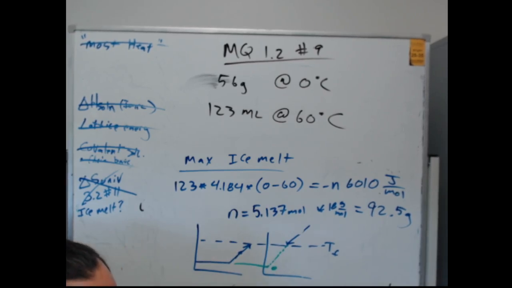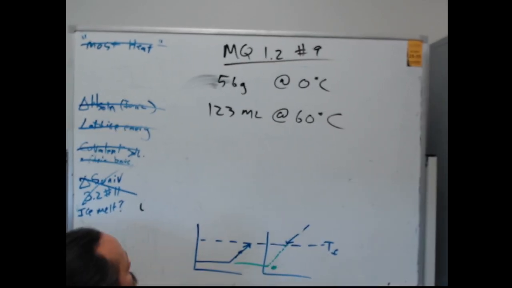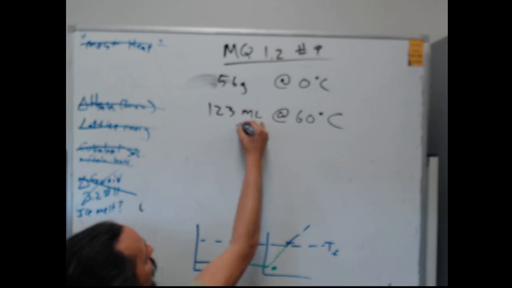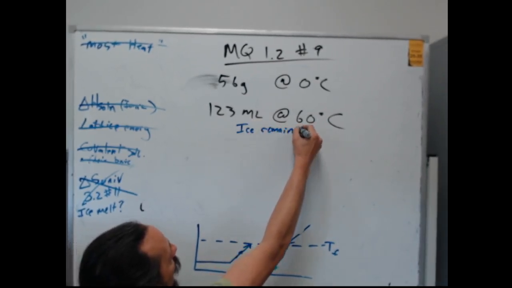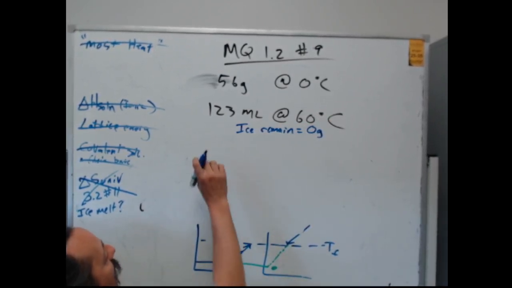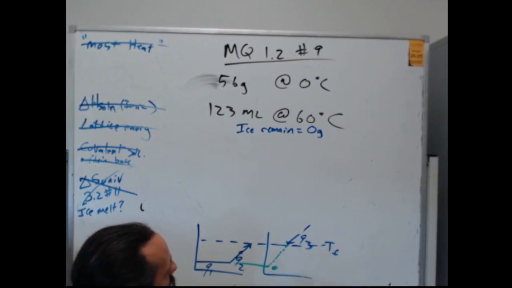Are you ready? Okay. So now that we know all the ice melts, now I need to calculate my T final. I know my ice remaining is going to be 0 grams. All of it's going to melt. And now I can think about this in terms of Q1, Q2, Q3.